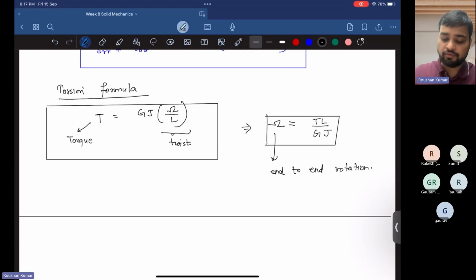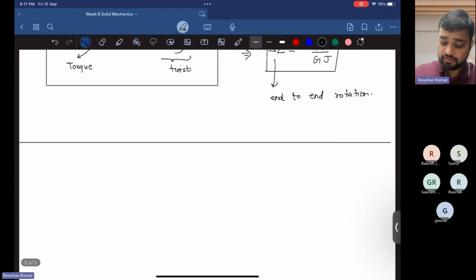The first question is based on the extension, torsion and inflation of the hollow cylinder. The question number 1, I am writing the question. So this is problem number 1.